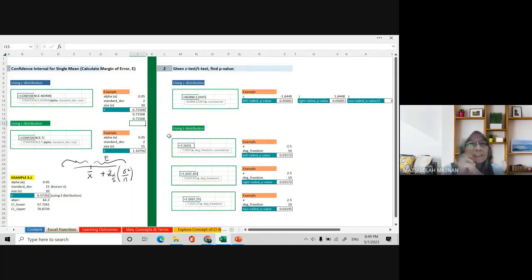What about for the T distribution? For the T distribution, it is almost similar, but the function will not use NORM, instead it will use CONFIDENCE.T.